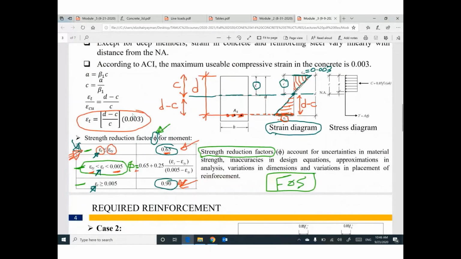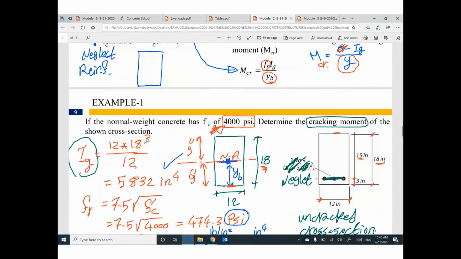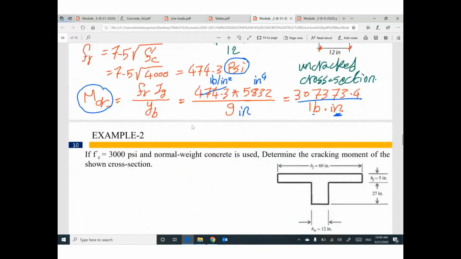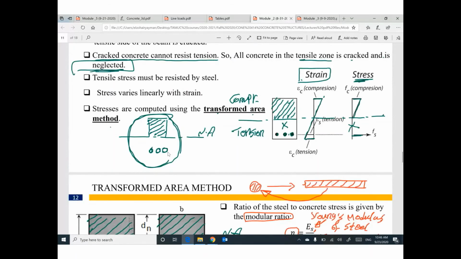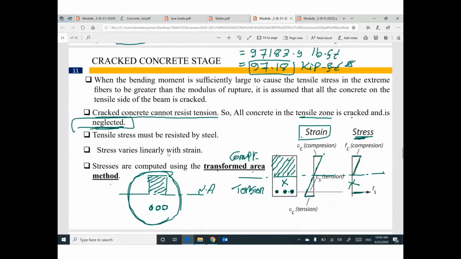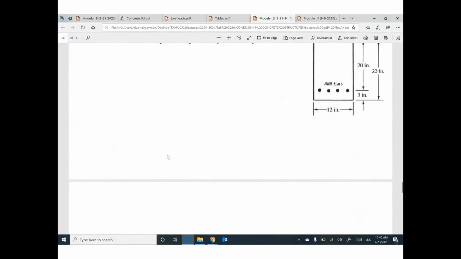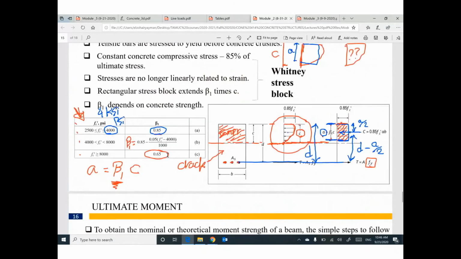No, I'm sorry, guys. Second module. For beta 1, here you go. So your f prime c equals 4,500.